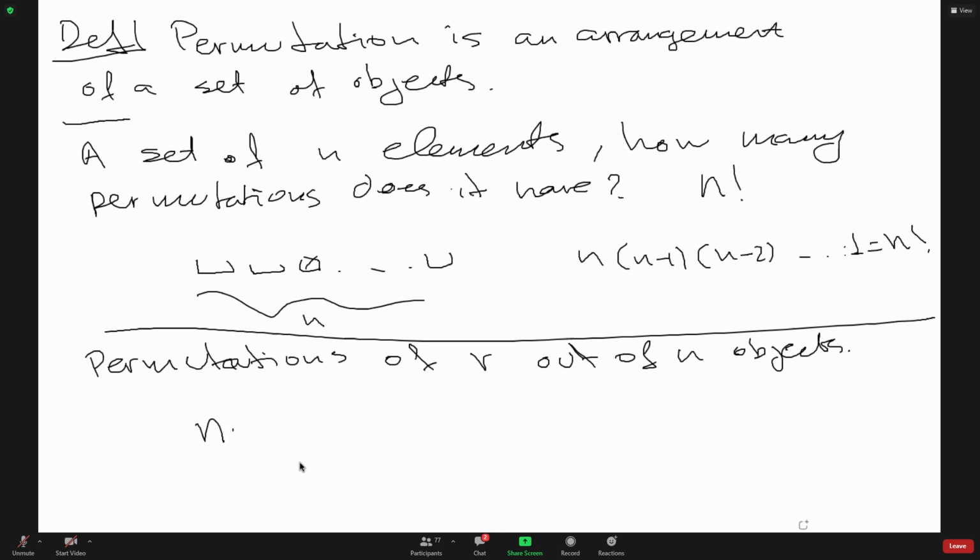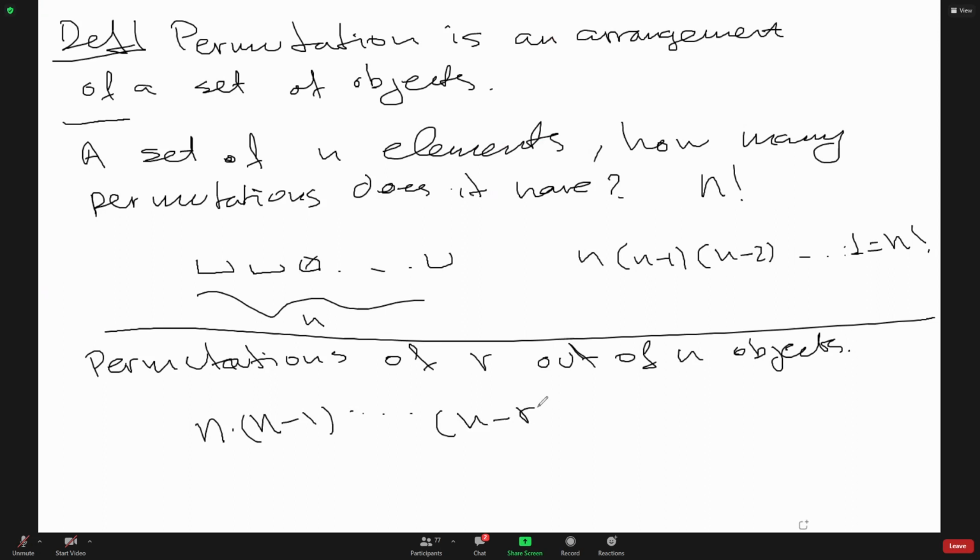Can I try, sir? Yes. So if we have r out of n elements, if r is equal to n, it's directly n factorial. But if we have r elements, for the first element, it's going to be n places. For the second element, it's going to be n-1, until n minus r.